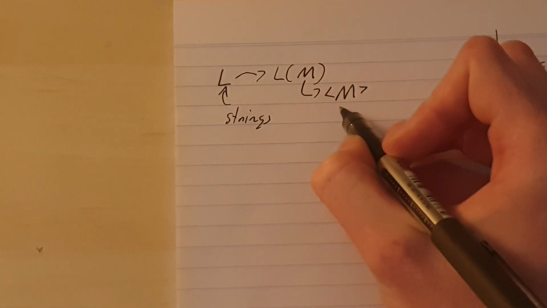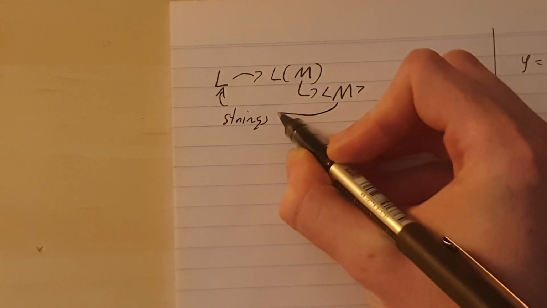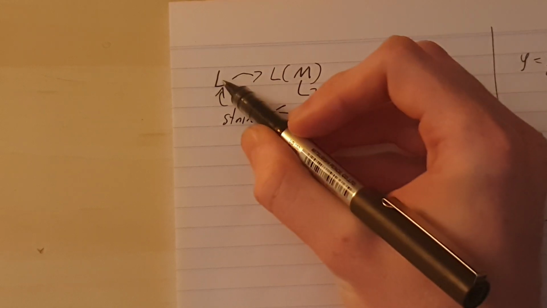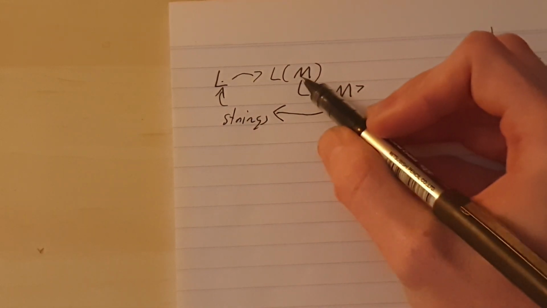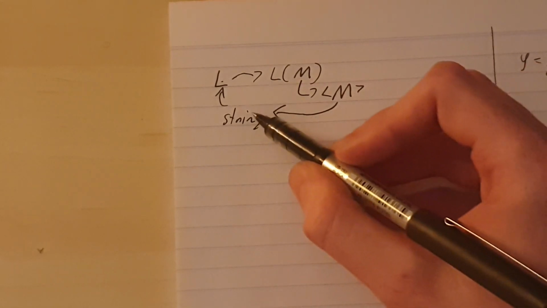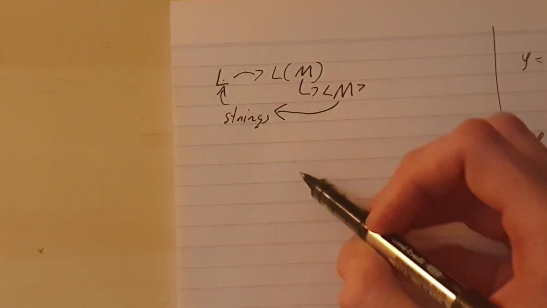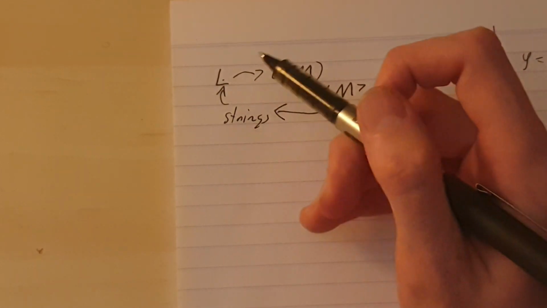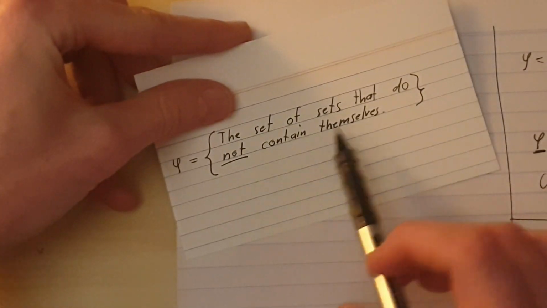And the issue here is that we end up with this kind of looping potential, right? If we think of a language as essentially being the machine that represents it, and a machine is essentially its encoding, which is a string, which is just an element of the language, we can think of a language as essentially being inside itself, which leads us to languages that do not contain themselves.